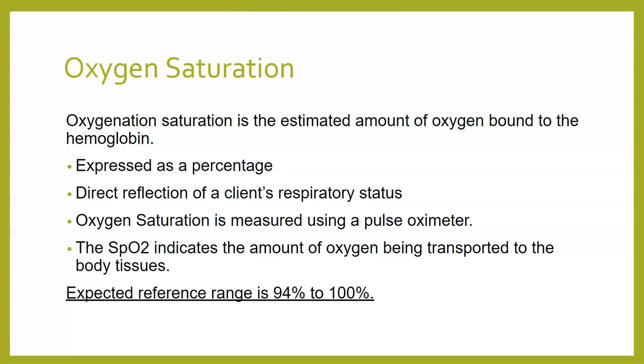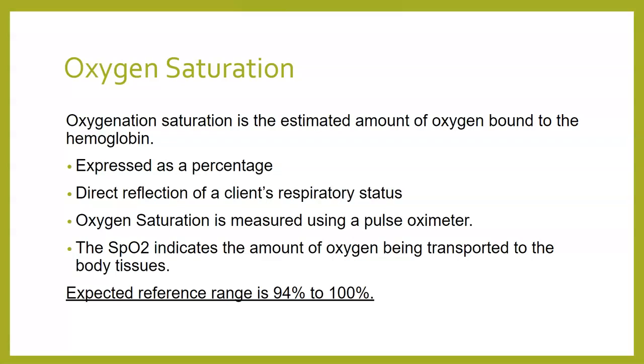Again, some people's normal will be a little bit different than this. If someone has COPD, chronic obstructive pulmonary disease, their oxygen saturation will usually run lower. We'll talk about this more in the oxygenation lecture, but it's important not to increase their oxygen too much.